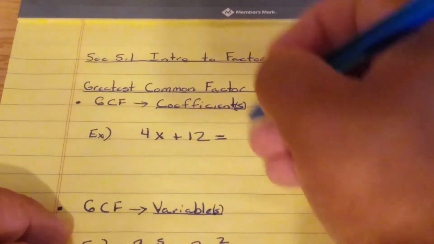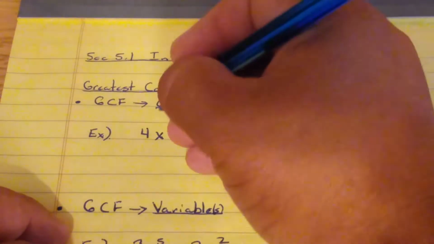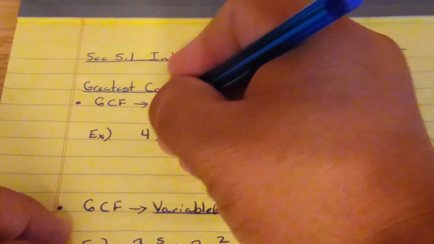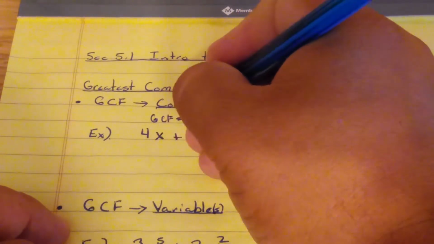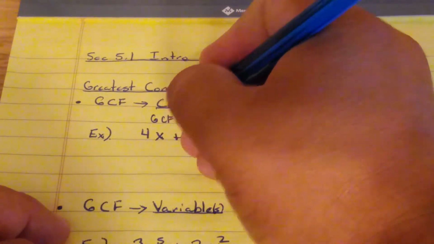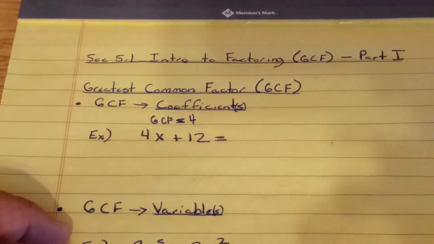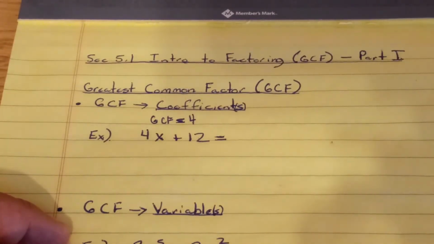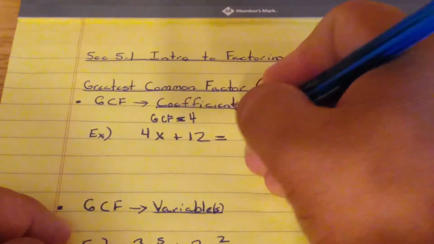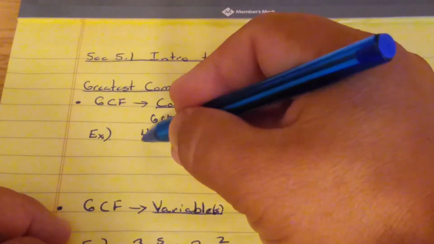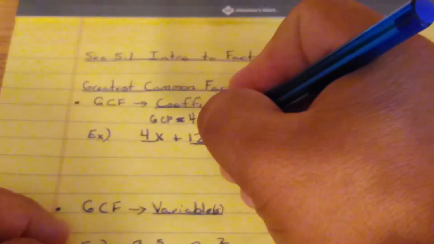So once you get your GCF, once you have identified it, and here we identified the GCF as being 4, then we're going to go ahead and factor it. That's what we call the actual extraction of that GCF. So here we're going to factor out the 4 from both the 4x and the plus 12.